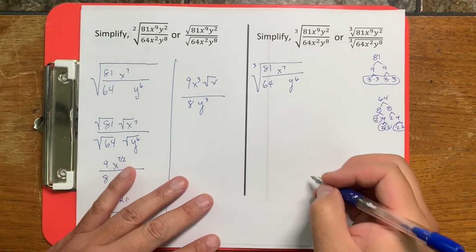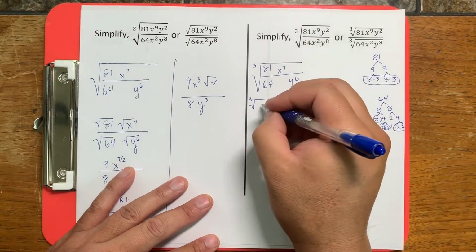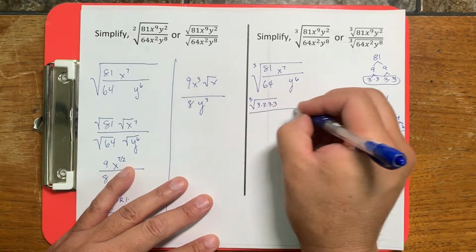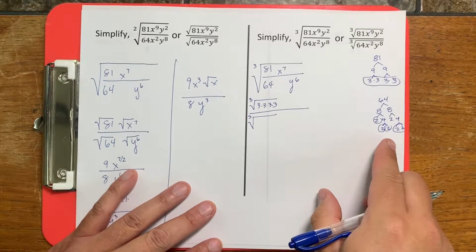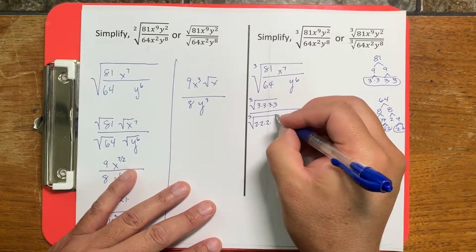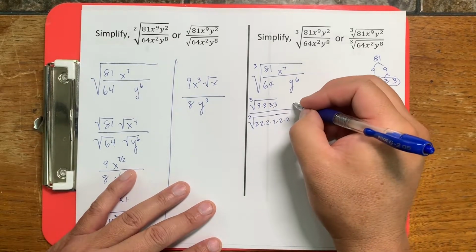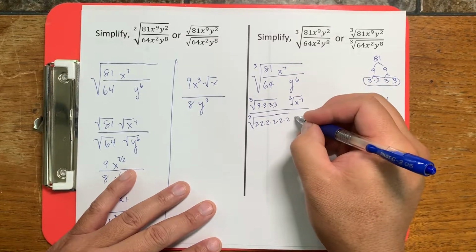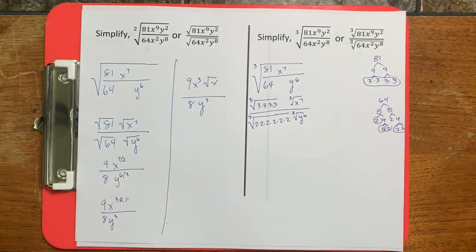Okay. So what will happen is that we'll get cube root of 81, which is 3 times 3 times 3 times 3. And then we'll get the cube root of 64, which is 6 2s, 1, 2, 3, 4, 5, 6. And then we'll get cube root of x to the 7, and then the cube root of y to the 6.